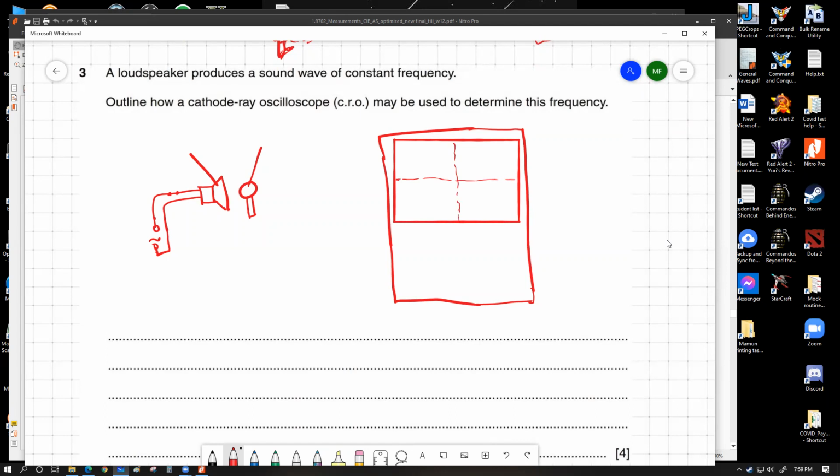I cannot draw with the whiteboard because Microsoft Whiteboard is doing some magical things of its own, which is sometimes not so useful. So you have to draw the axis system, and you have to show two different connection points and label them as Y gain. So we put these things in the Y gain connection point, and we'll have some knob over here, which should be the Y gain knob. Beside that, we can have the time base knob.